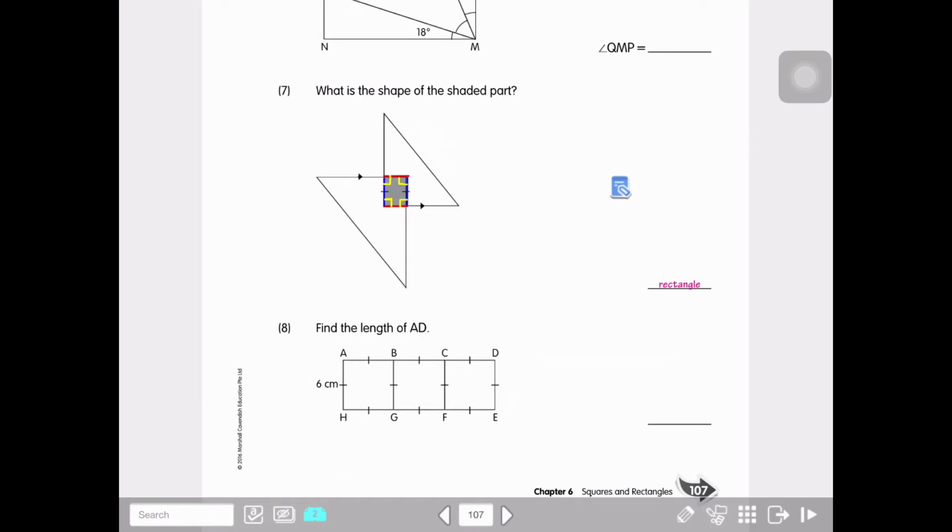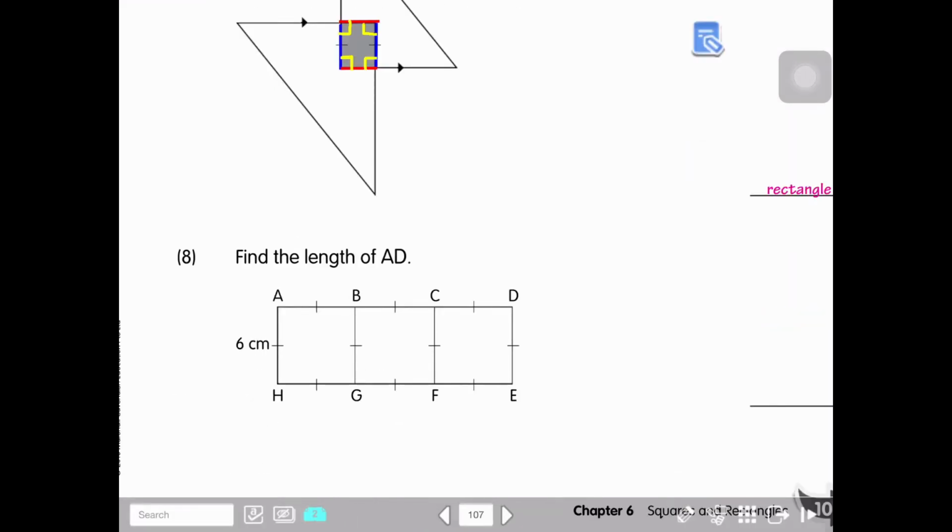Now, let's look at question 8. It is made up of 3 equal lengths. 1 equal length, 2 equal length, and 3 equal length. So, if AB is 6 cm, that means that AB is also 6 cm.